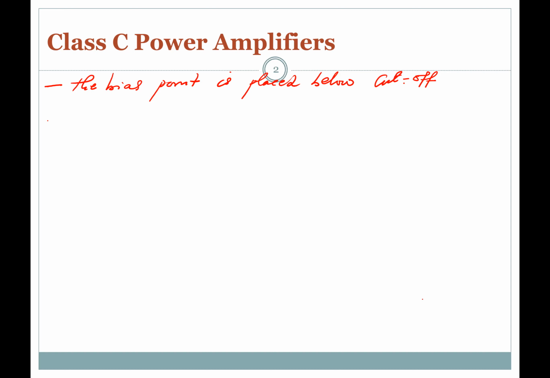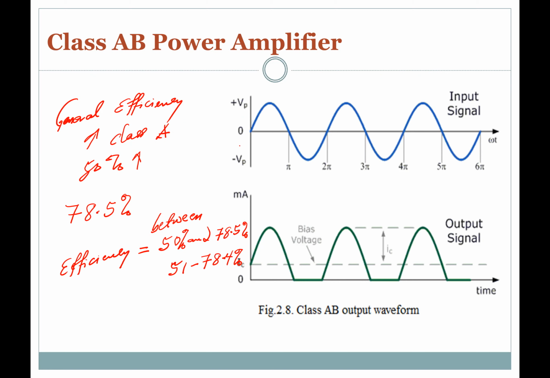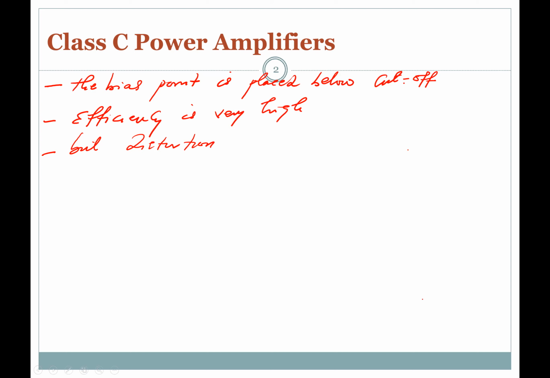So even though the efficiency is very high, distortion is very heavy. Okay. Now, class C is therefore not suitable for many amplifier applications.